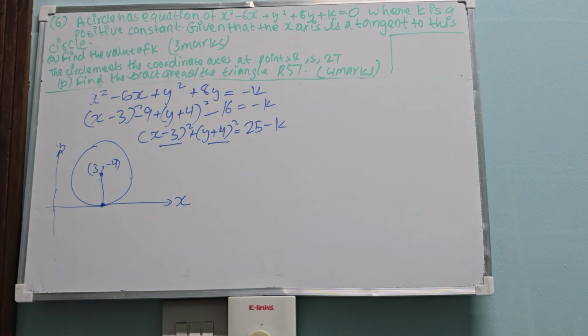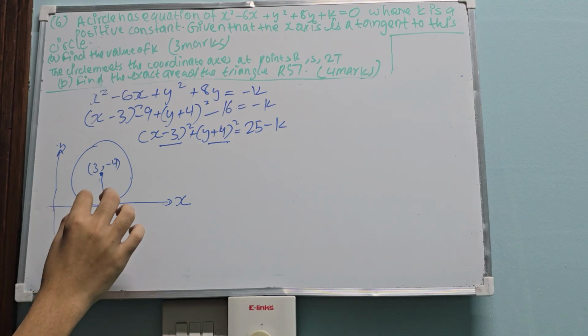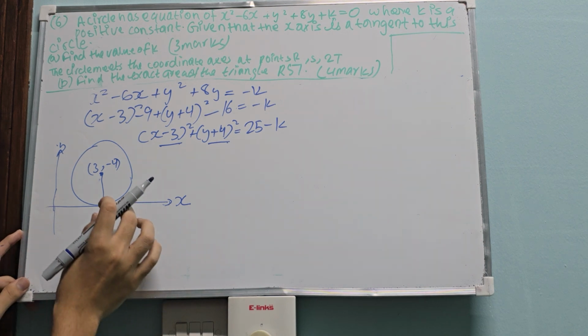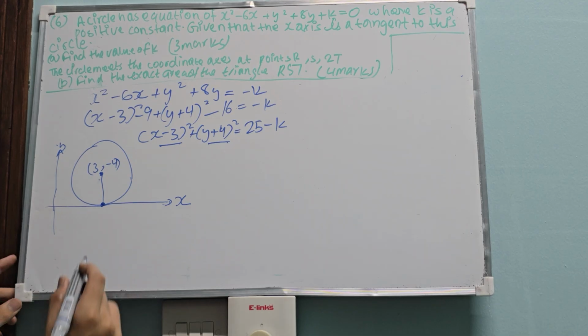So when we have the x and y coordinates, when we sub it in, we can find the value of k. Bit twisted, yeah. So this is the x-axis. If the x-axis is a tangent to the circle, that means y is going to be 0 over here.